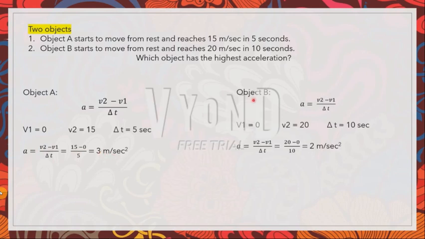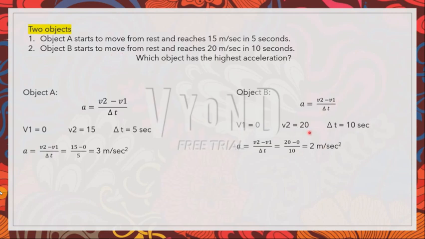Now for object B, the same steps. I will put the rule in front of me first, because usually in exams, writing the rule is 50% of the mark on this mathematical problem. And then we get the data related to object B. V1 equals 0, because here also the object starts to move from rest.